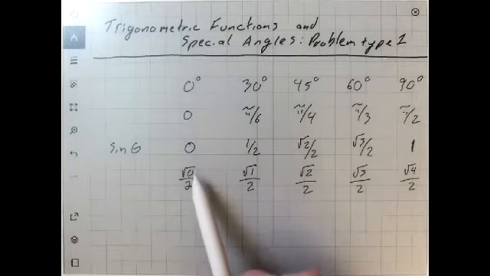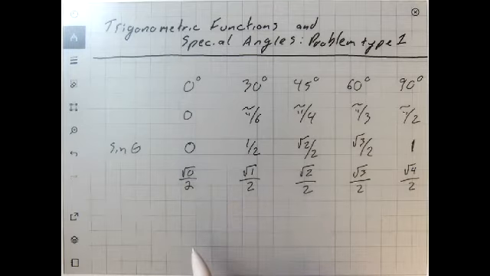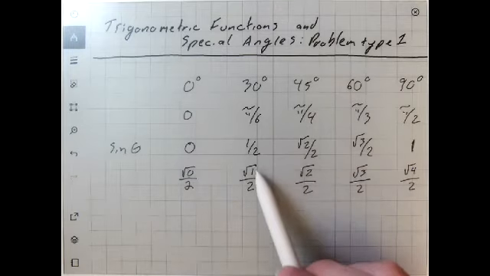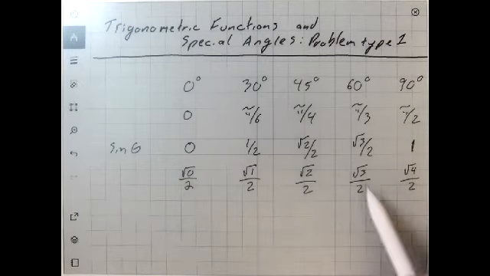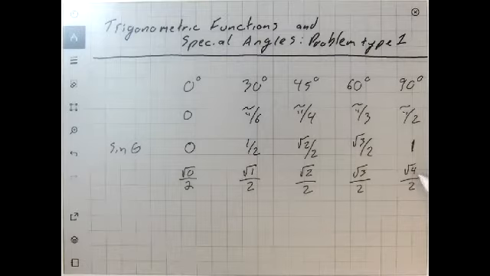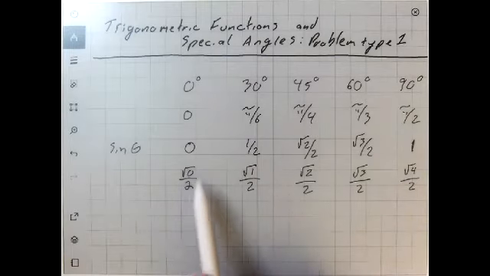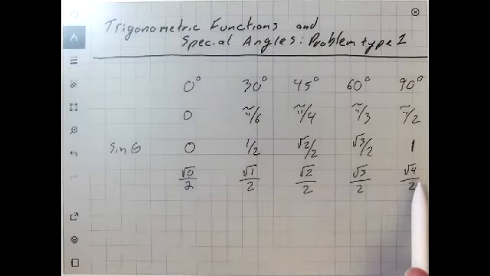So 0 is the square root of 0 over 2. Likewise, 1/2 is the square root of 1 over 2. Root 2 over 2 and root 3 over 2 makes sense. And then the square root of 4 is 2, and 2 divided by 2 is 1. So the pattern here is 0, 1, 2, 3, 4, square root of that number divided by 2.